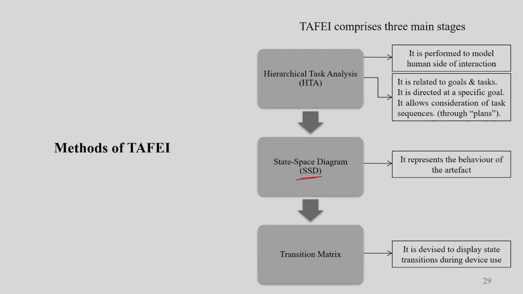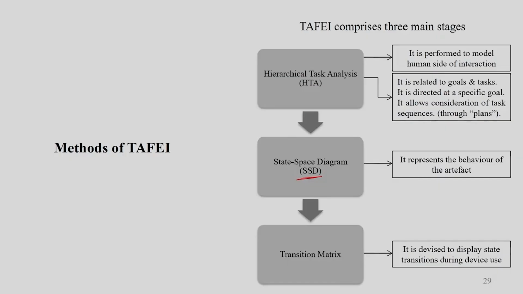In SSD, like state space diagram, what exactly do we try to do? It represents the behavior of the artifact. So if there is an action by the human, what is the behavior of that particular artifact when the human is interacting with it?